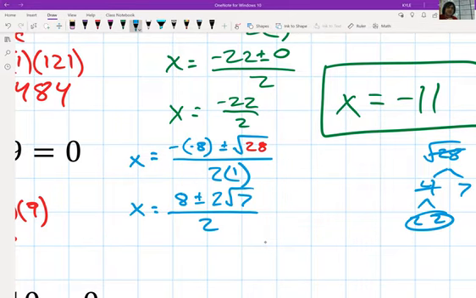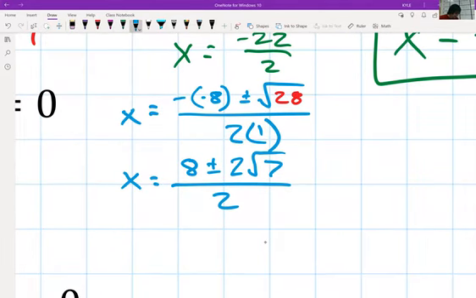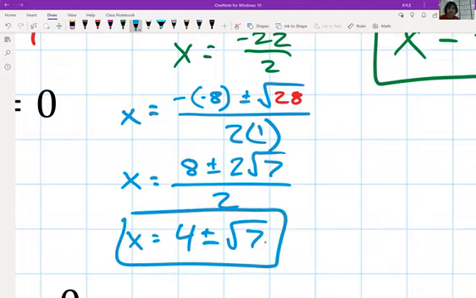And kind of like we've seen before, say with those complex numbers, we can separate this out. X equals 8 over 2 is just 4, plus or minus the 2 root 7 over 2, the 2's cancel, 4 plus or minus root 7. You might say that's a really ugly answer.